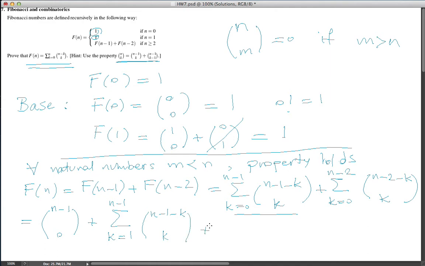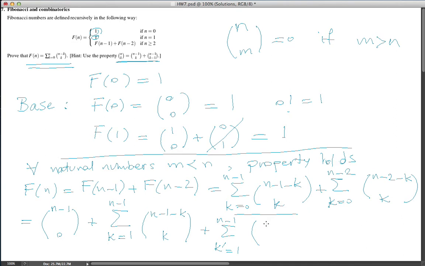And for the second summation, we use another trick to change the index of summation. Instead of summing k from 0 to n minus 2, I sum k prime from 1 to n minus 1, and we can change the terms accordingly.